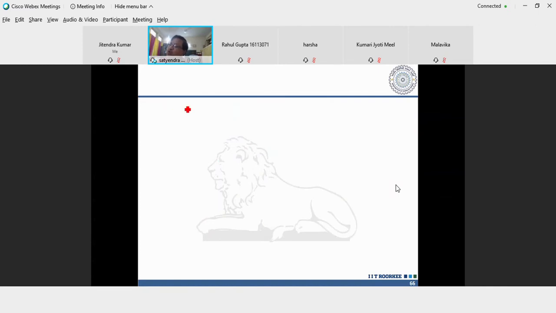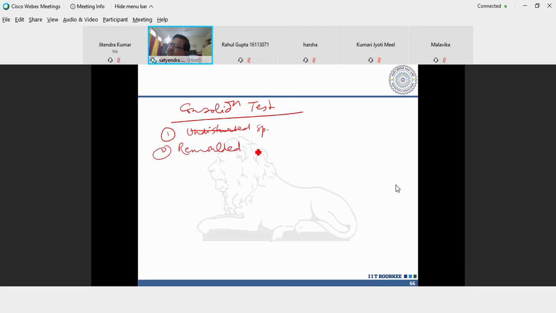So the consolidation test can be conducted on an undisturbed specimen, or on a remolded specimen.